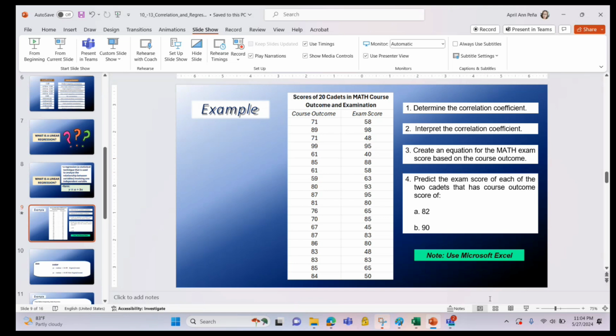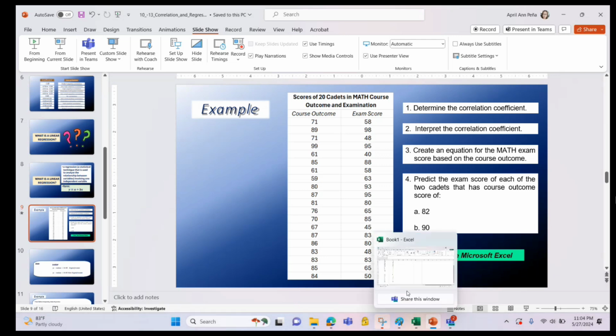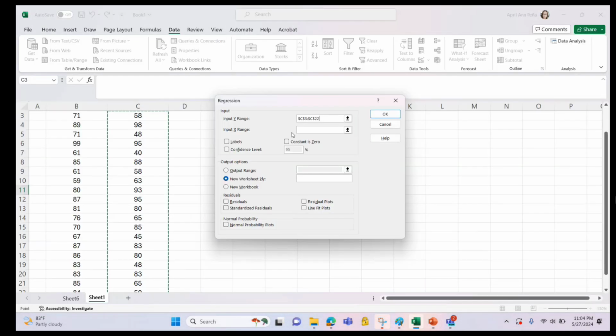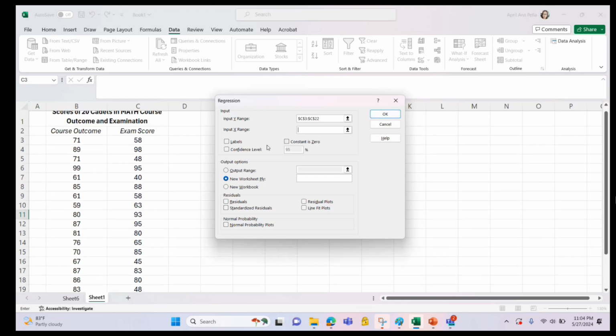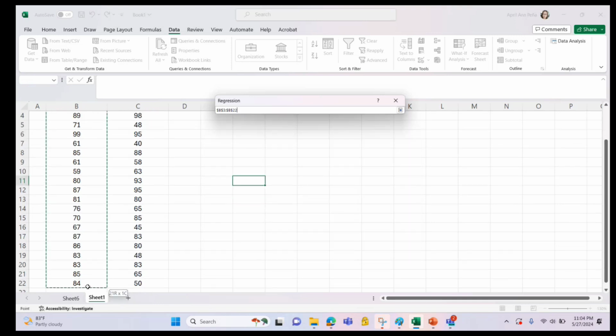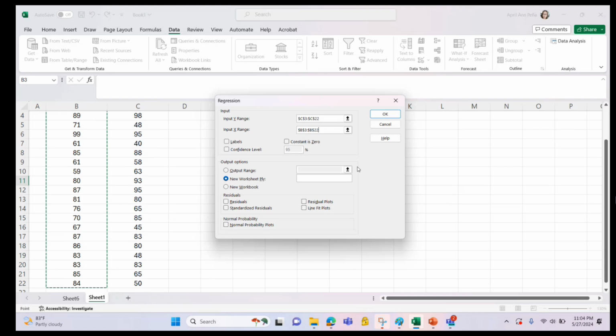So that is our X. So cursor, put it here, and then select the course outcome scores.